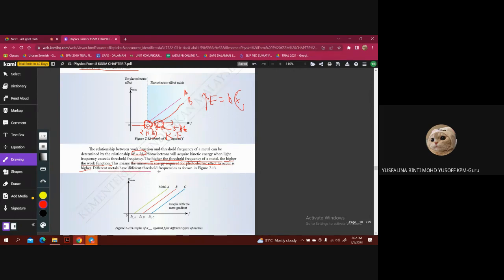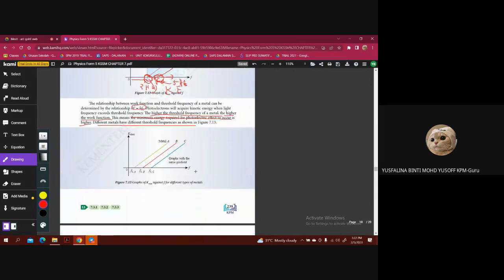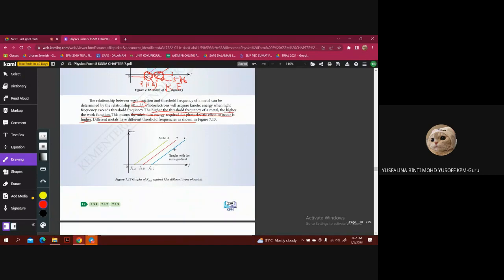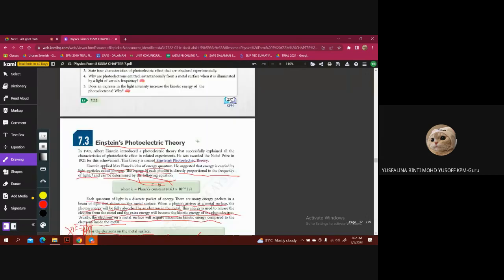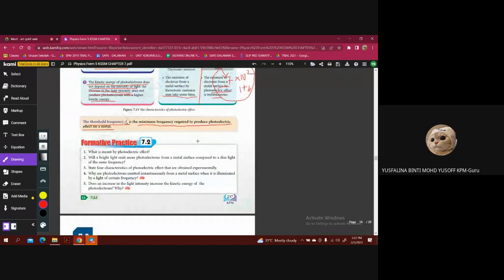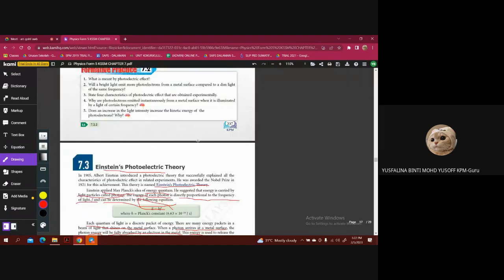So different metals have different threshold frequencies. This is an example: metal A, metal B, metal C. The graphs have the same gradient. So the gradient actually equals what? You already learned that it is h over lambda, right?